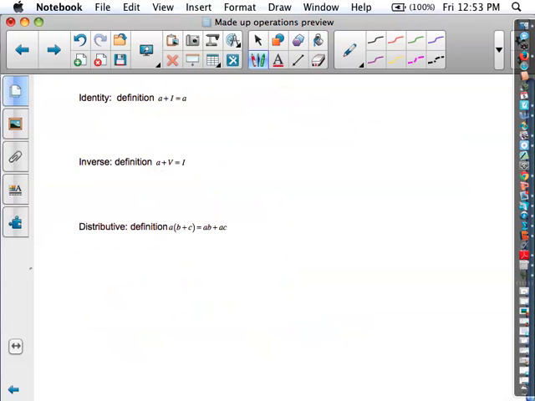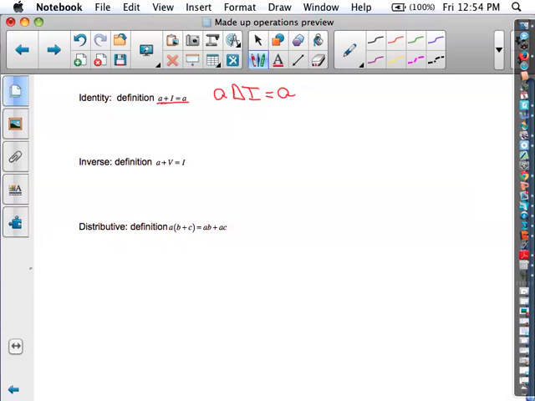Let's see, next we have the identity, and I've put all the definitions here so you can see those definitions again. The identity says if I take the first element and perform the operation against the identity, I get the first element back.